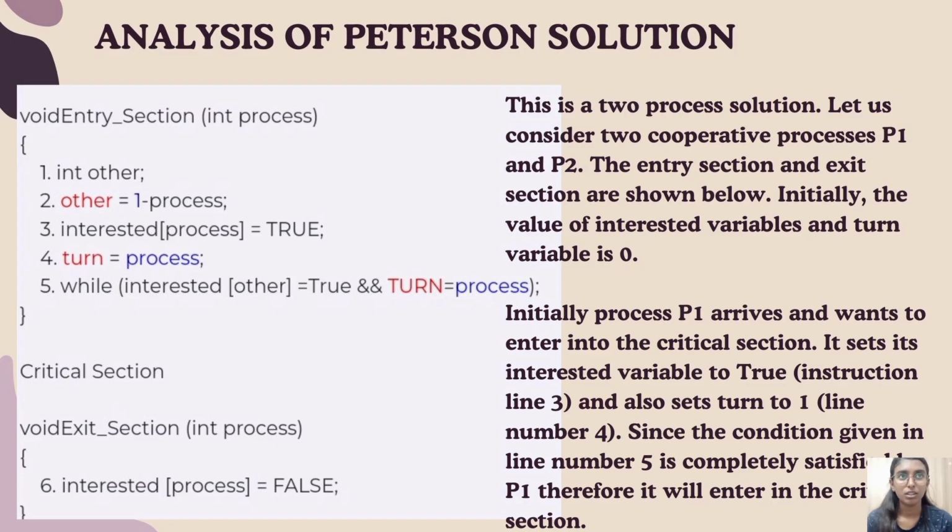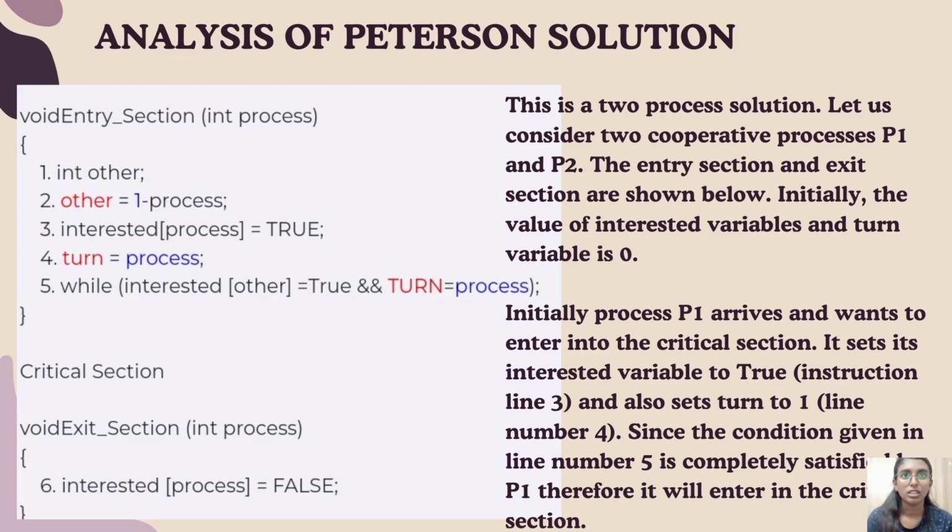Let us consider two cooperative processes P1 and P2. The entry section and exit section are shown below. Initially, the values of the interested variables and the turn variable are 0. Void entry section, int process. First, int other equals 1 minus process.